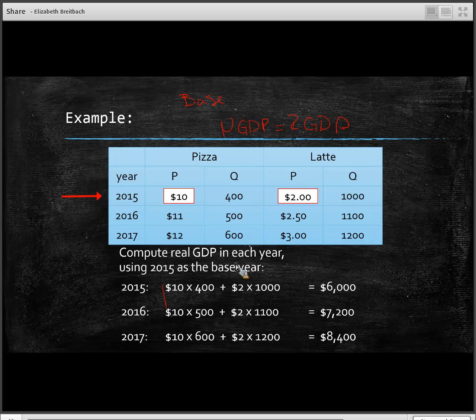So nominal was 10,000 something, and now we have a real level of 8,400. And the reason for that is because, again, we're not measuring that change in price. We're only measuring that change in quantity. Those price changes don't exist when we're thinking about real GDP.